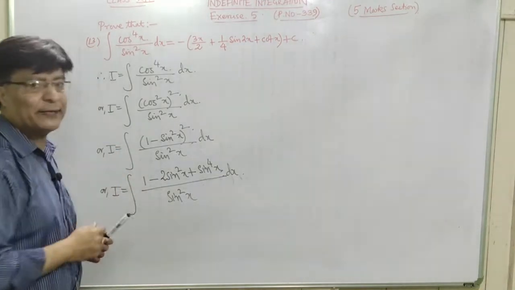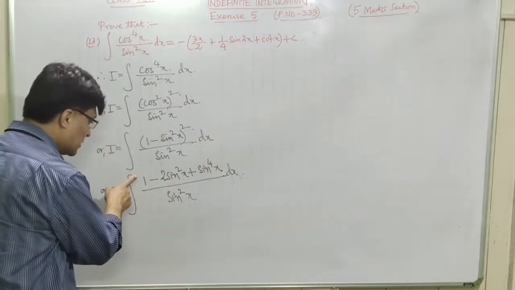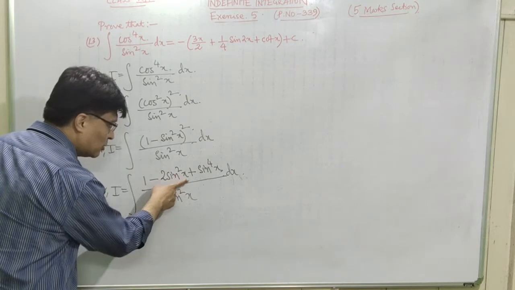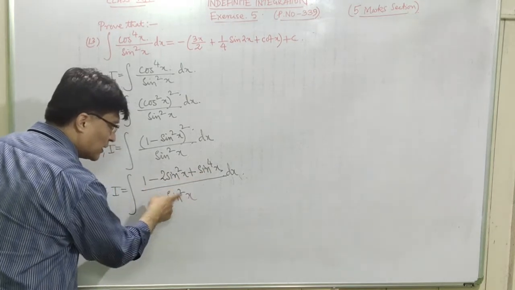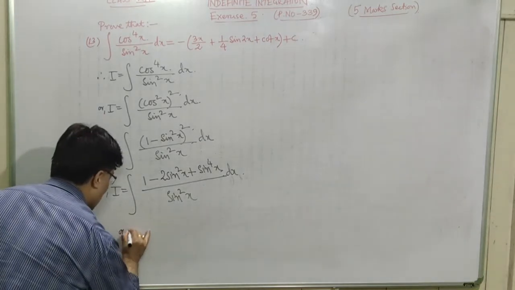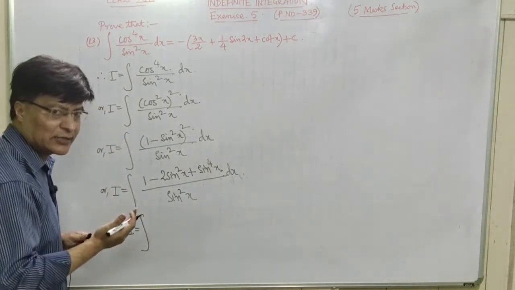Now we can separate the terms here: first term divided by the denominator, minus second term divided by the denominator, plus third term divided by the denominator. You can simplify it. So I is equal to, let us separate the integral sign also.